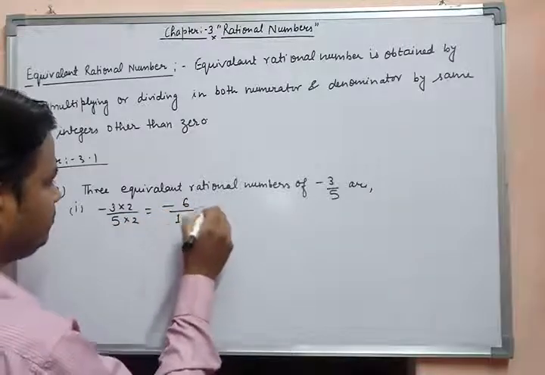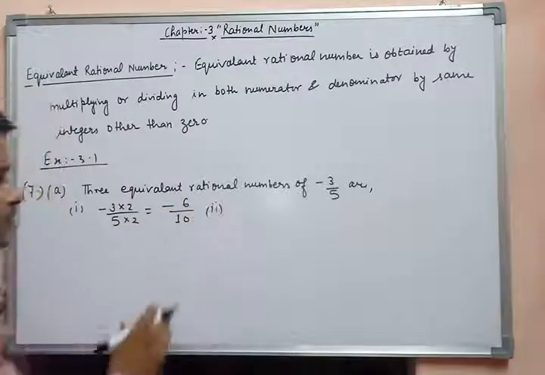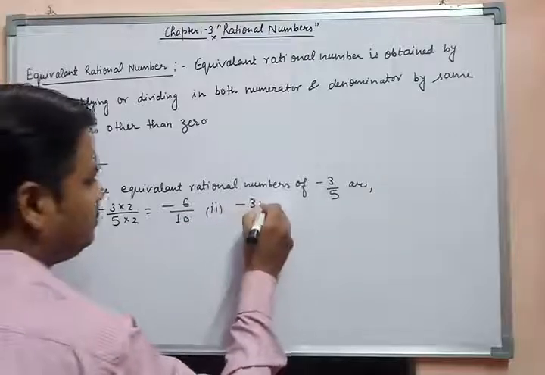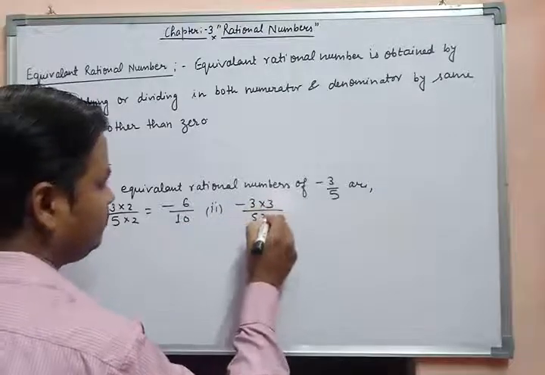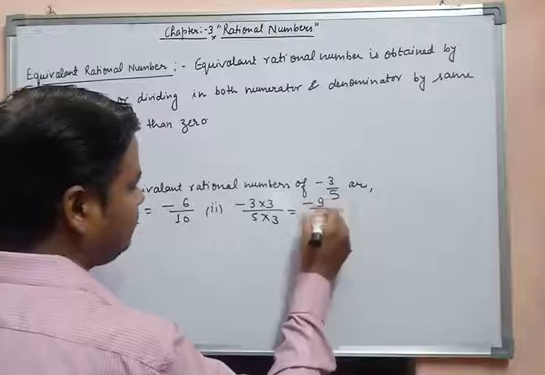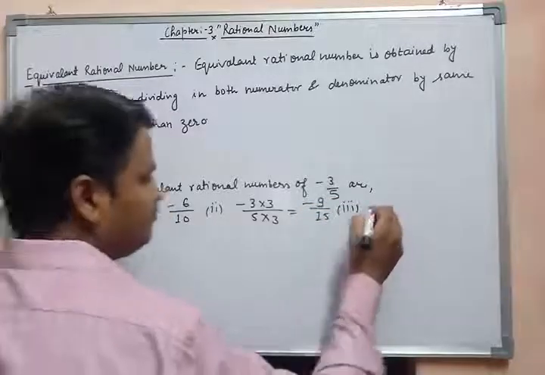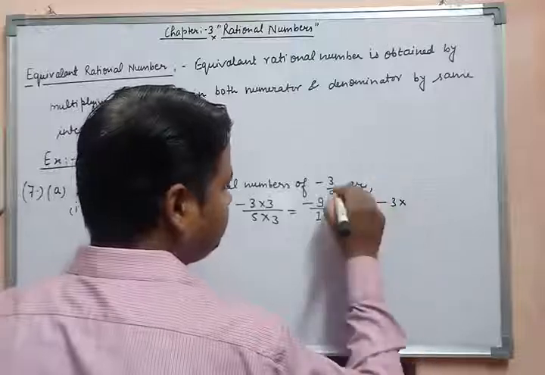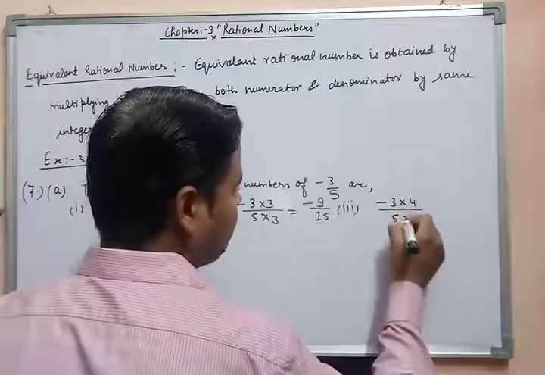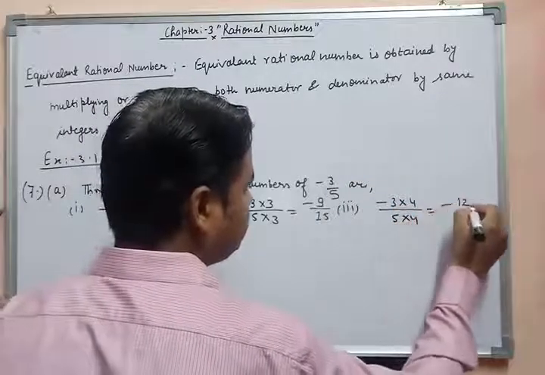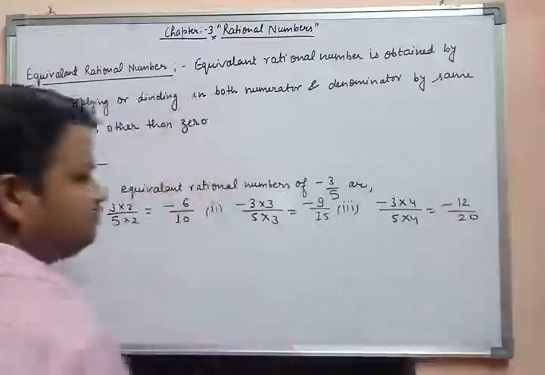Second equivalent rational number may be minus 3 into 3 upon 5 into 3, then you will get minus 9 upon 15. And in the same way you have to multiply this rational number in both numerator and denominator, then you will get the third equivalent number.